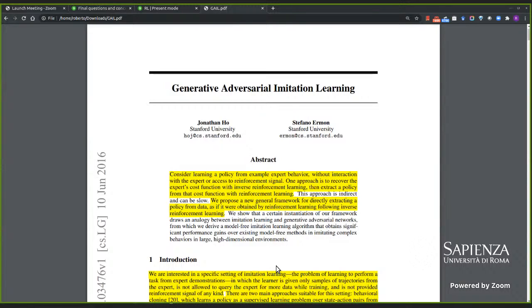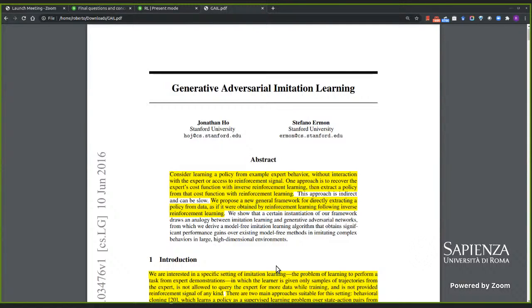Another approach is the so-called apprenticeship learning, where you basically do first inverse reinforcement learning and then reinforcement learning. So what is inverse reinforcement learning? By looking at these trajectories, the goal is that of recovering the reward or cost function. As you know, the reward function and the cost function are the same thing, just the reward is in a positive sense, the cost function is in a negative sense.